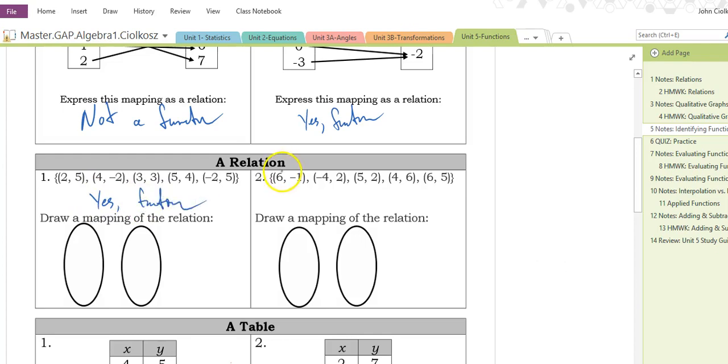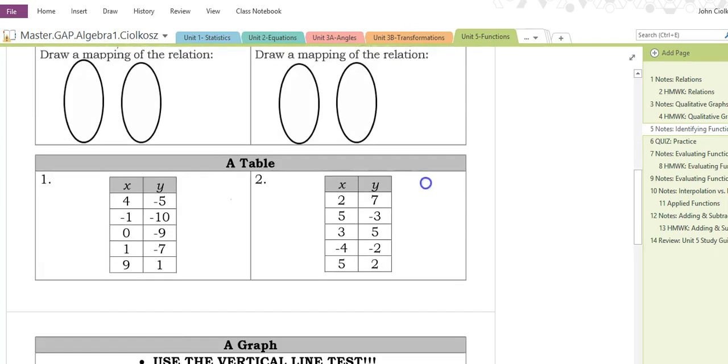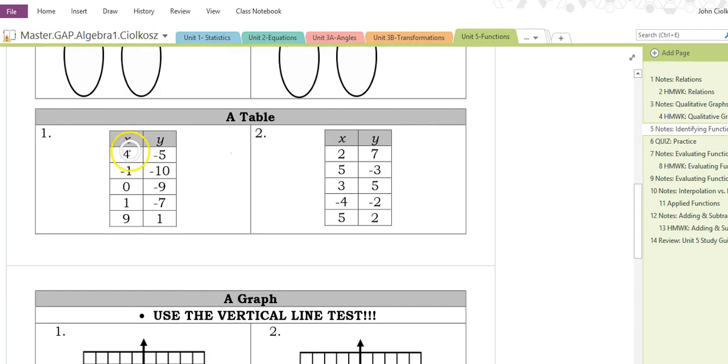Let's check here. Okay, so I'm looking at my 6. No, no. Notice I'm only looking at the x's now. Wait a minute. 6 shows up twice, and these numbers are different. Therefore, not a function. A table. Well, these numbers are all different, so I'm good. Let's see. I have 5 here, and I have another 5.